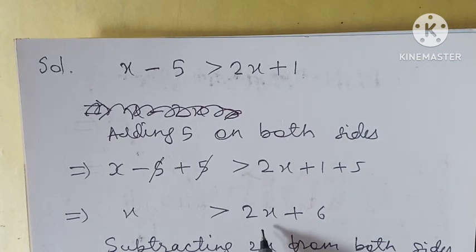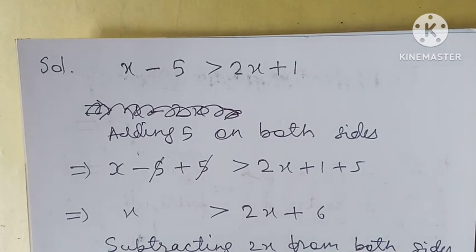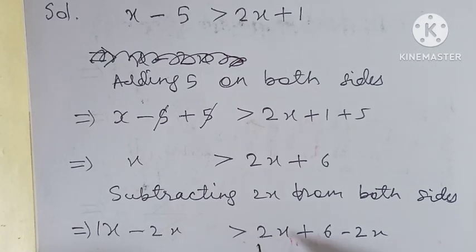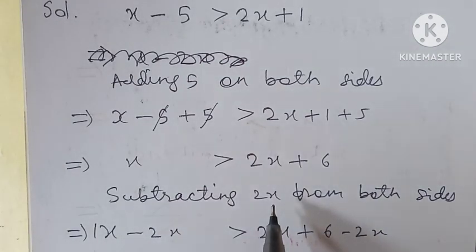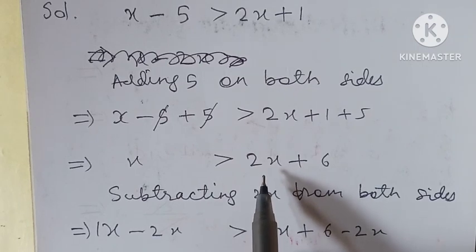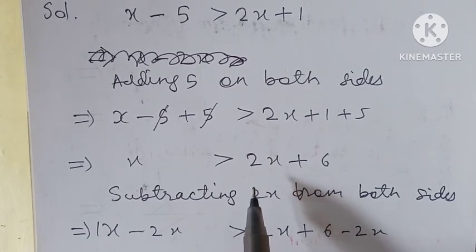We must bring this 2x to LHS, and we have 1x minus 2x, which is more than, it means that we have to subtract 2x from both sides so that this 2x can be removed.